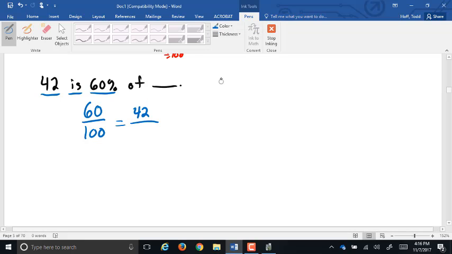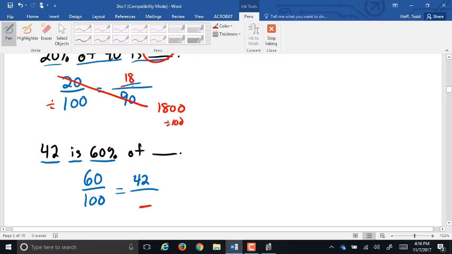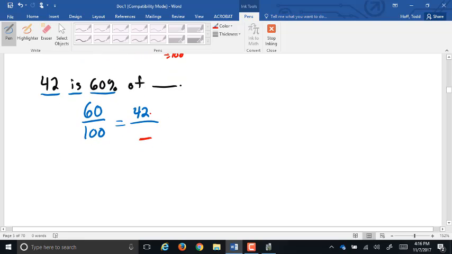Now we'll still notice the missing number's in a different spot now. It had been on top in all of our problems. Now it's on bottom, but we're still going to cross multiply and divide. Our cross multiplication is a different direction now. It's 100 times 42 is 4,200, and then we divide by the 60, which is going to be 70. 42 is 60% of 70.